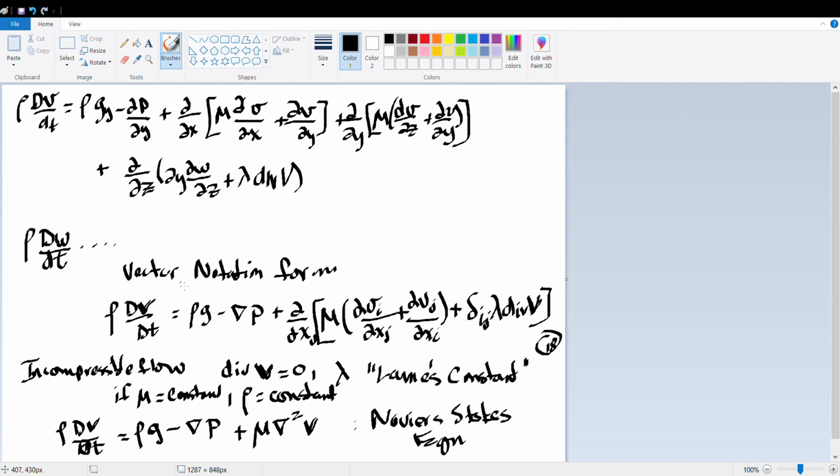So anyway, that was the derivation of the Navier-Stokes equation. Believe it or not, if we were to handwrite all this in terms of the x, y, and z direction, it would be many equations, and those are all numerically solved in most of the CFD programs that we have.